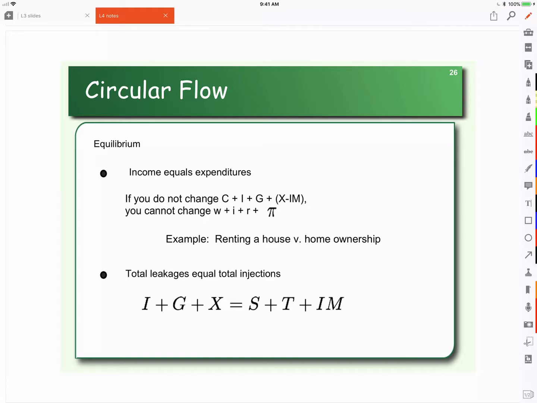Well, the challenge with housing is, what if we all decided to rent each other's houses? So we're all going to leave the house we currently live in and rent from someone else. Well, in that case, we are now paying money to that person we're renting from, and their income has increased.